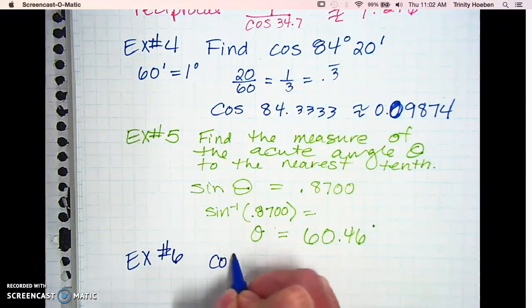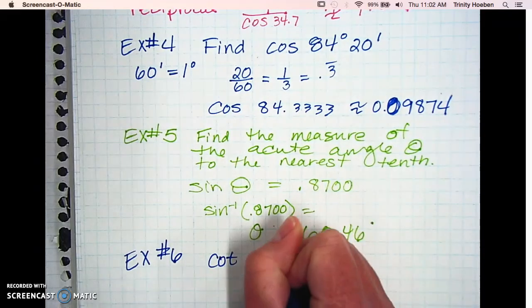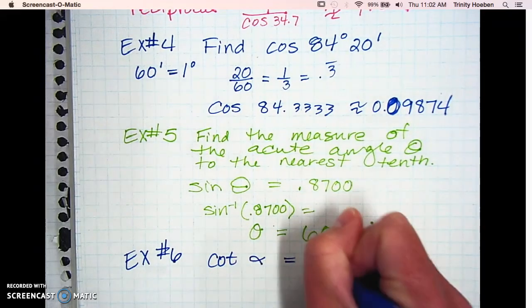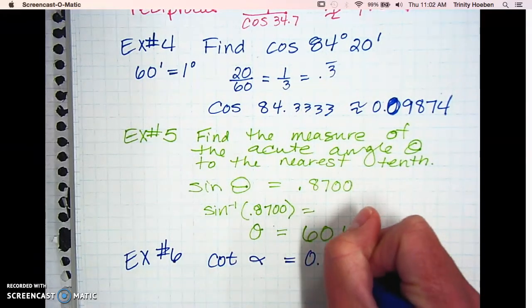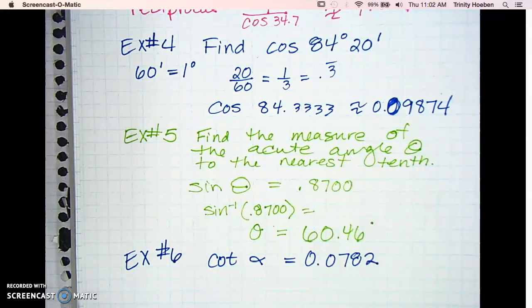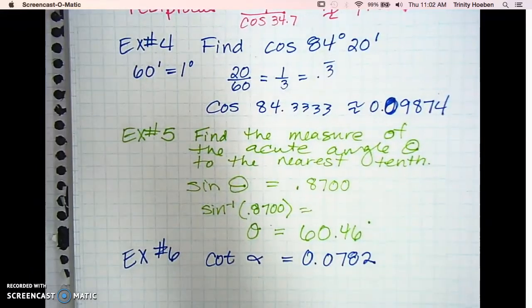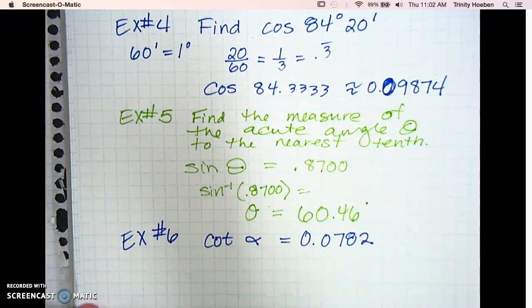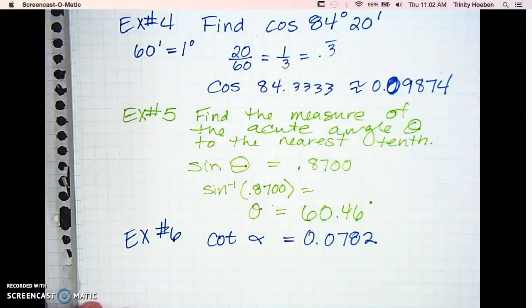This one is cotangent alpha equals 0.0782. Cotangent is one of the reciprocal ones, right? Of what? Tangent.